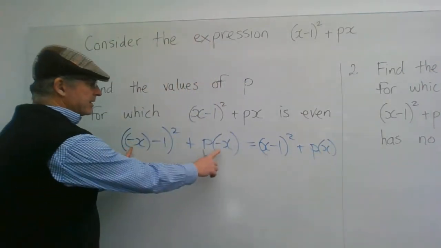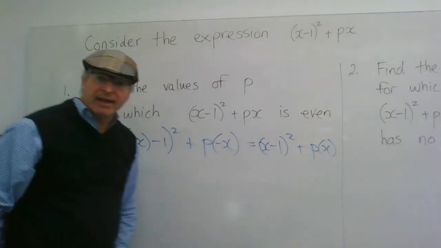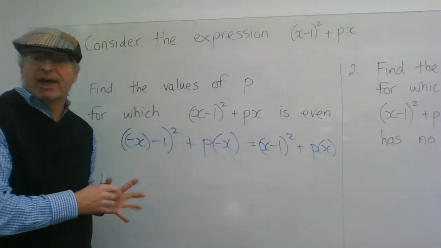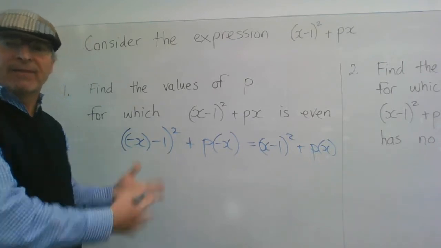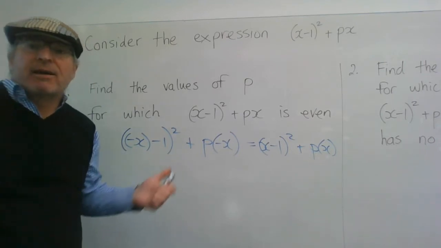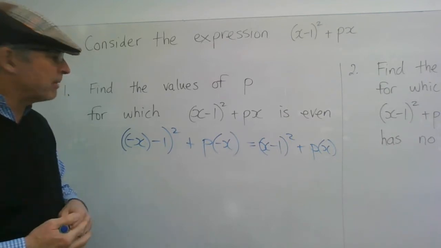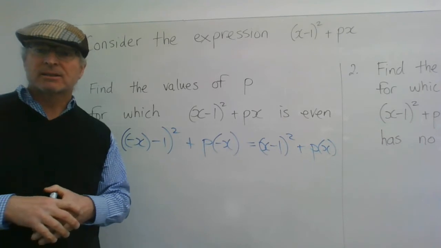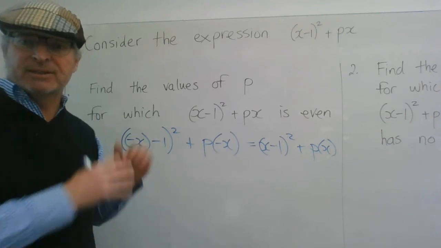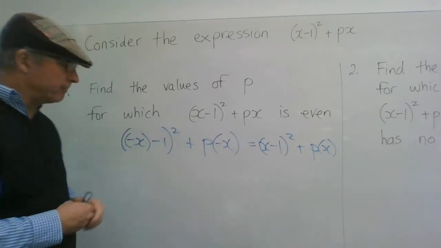So I should be able to solve that out for a value or values of p that make that happen, unless it's never an even function. But it's a parabola, so as long as we can get it sitting on the y-axis, it's going to be even. But if it's anywhere over to the side, well, it's not.